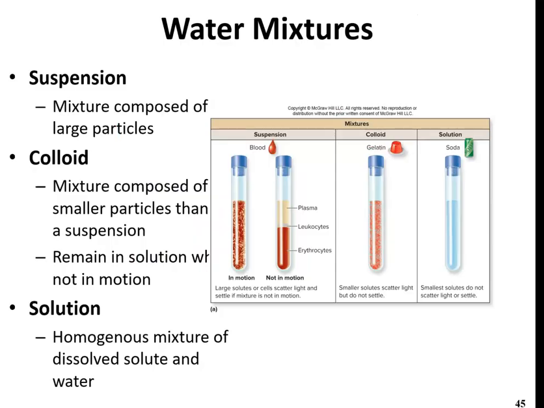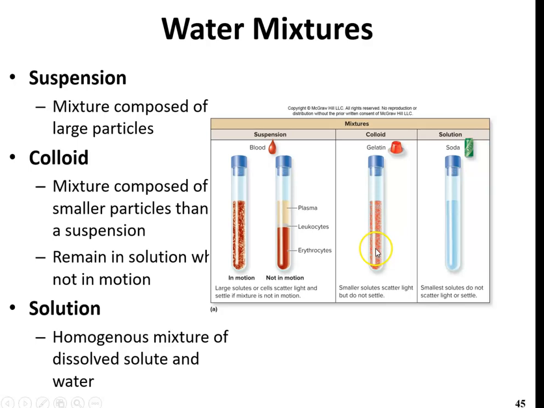All right, now we're going to talk about water mixtures. So a suspension is a mixture composed of large particles. A colloid is a mixture composed of smaller particles than a suspension that remain in solution when not in motion. So a suspension will fall out of solution when it's not in motion. You have to swirl it to sort of dissolve all of those particles.